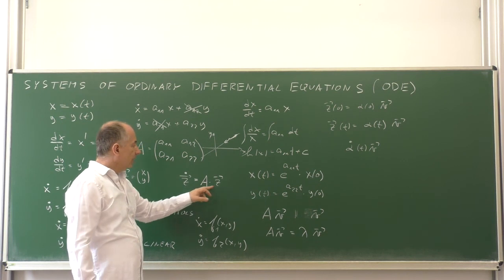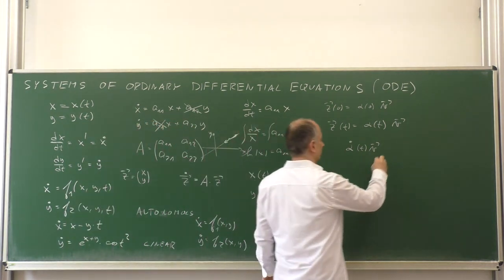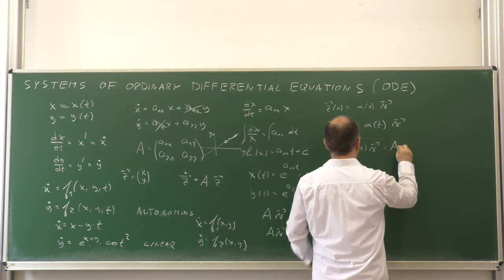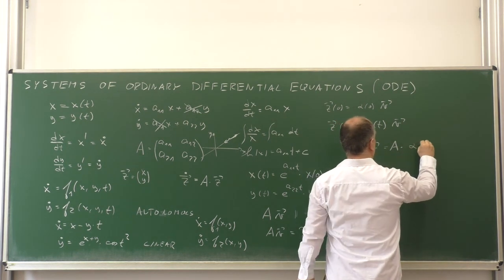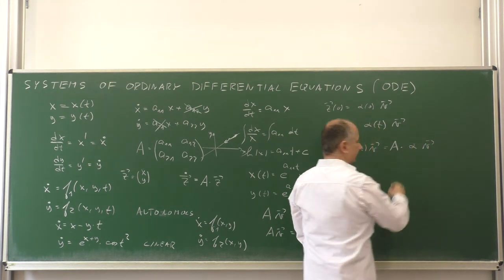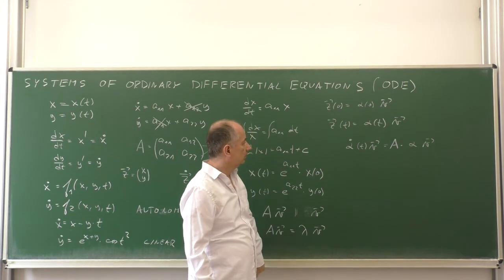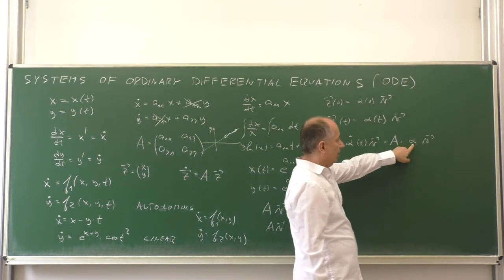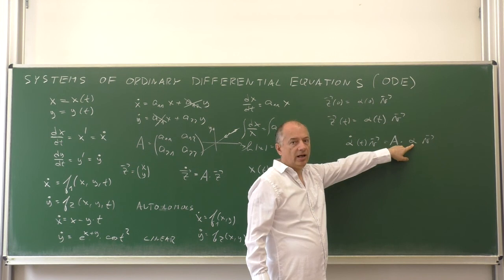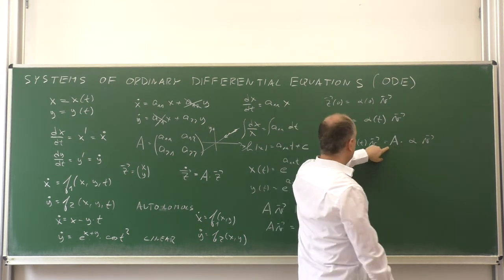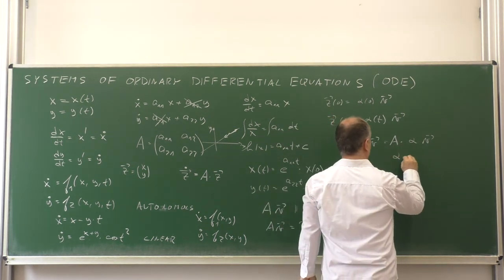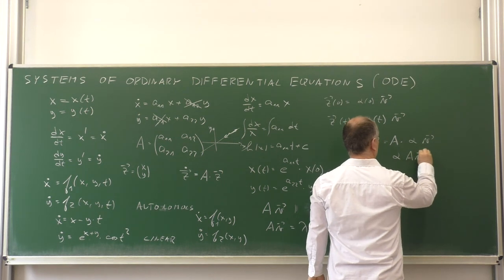And on the right we have A times z. But z is alpha v. Alpha is a function of time, but it is a scalar, and we can write the scalar in front, and we have alpha Av.